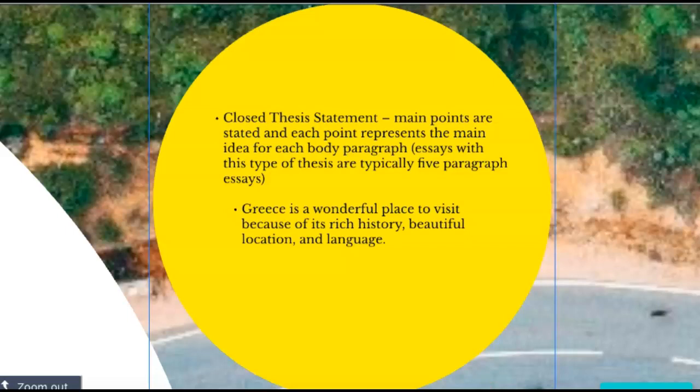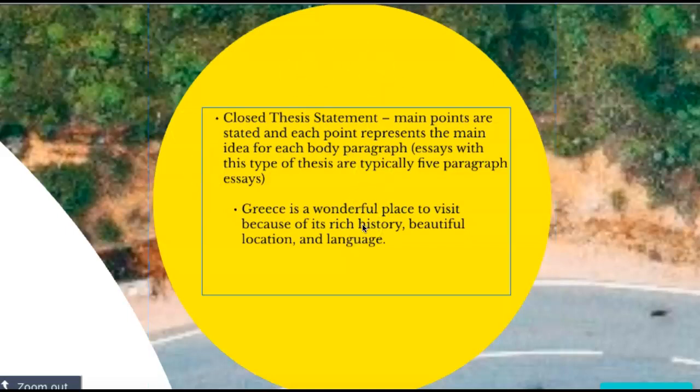Granted, you can write a whole book over this. I mean, there's books over Greece, but if you were to write a condensed essay and we're going to use a closed thesis statement, you would have a paragraph over the rich history, a paragraph over beautiful location, and one over language.